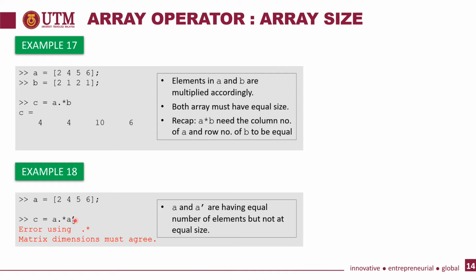Matrix operator can only execute one kind of function, and array operator can only execute the other. For multiplication, the array operator can multiply arrays of the same size, but the matrix operator can only multiply matrices where the first matrix has the same number of columns as the second matrix has rows.